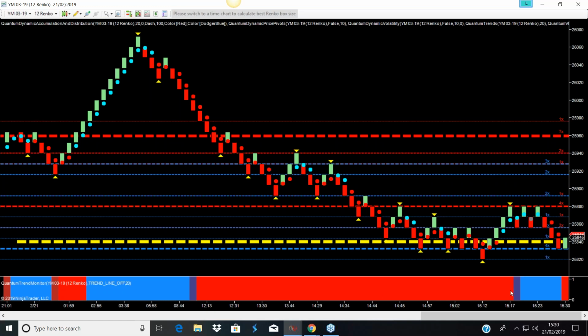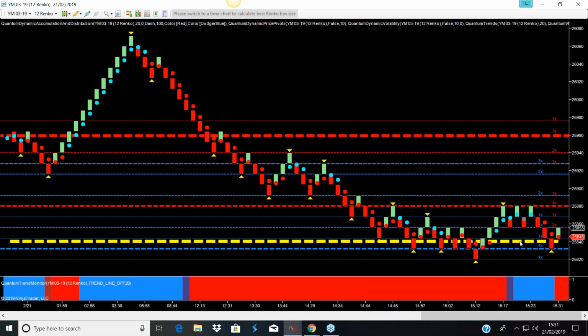The trend monitor hasn't flickered out of its solid state of red, despite what the Renko does, it removes the noise, if you like, at the live edge of the market. The trend dots did change to blue, just 3 of them. They went back to red. Here we have 2. They carried on down until it hit the volume point of control here at 25,840.